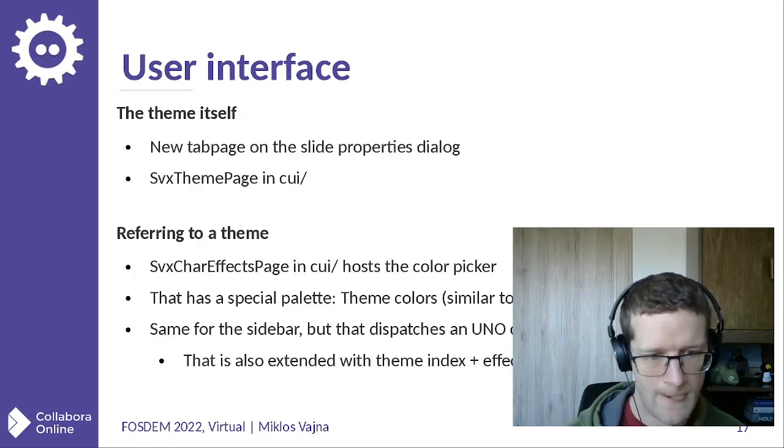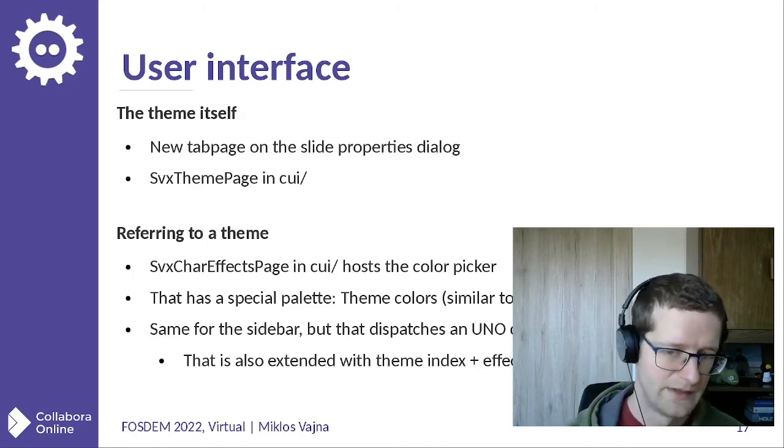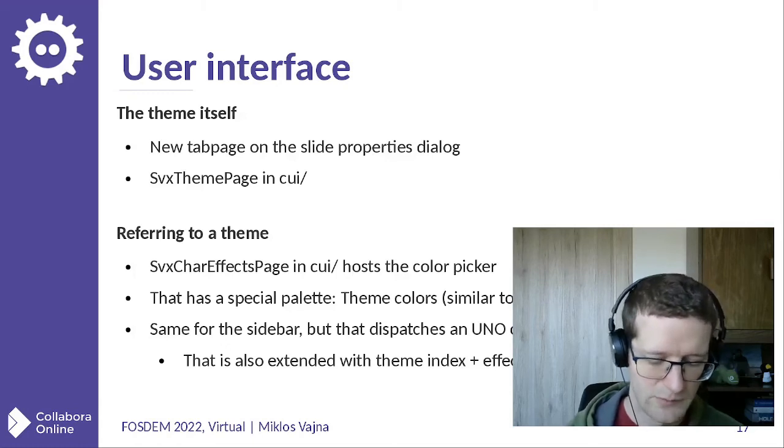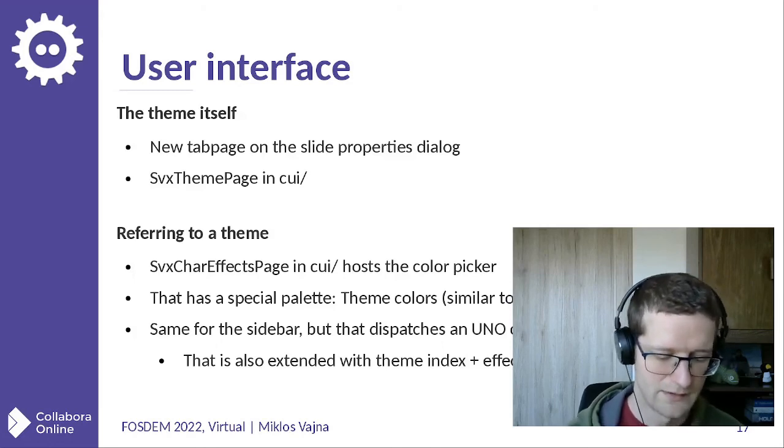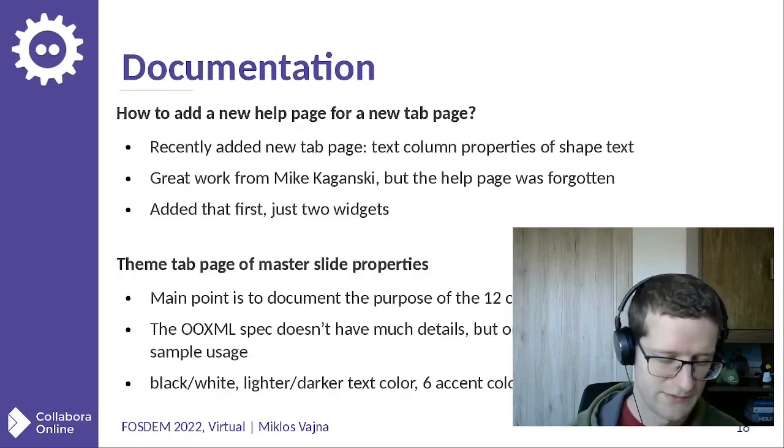And for the sidebar, it's quite similar, the same color picker, but then we needed to extend the UNO command with some new parameters so that this theming metadata, like the theming index and the luminance modulation and offset, is preserved.